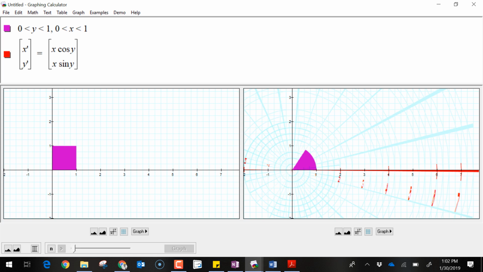In other words, if this is r and theta, what happens when r is equal to 0 here?